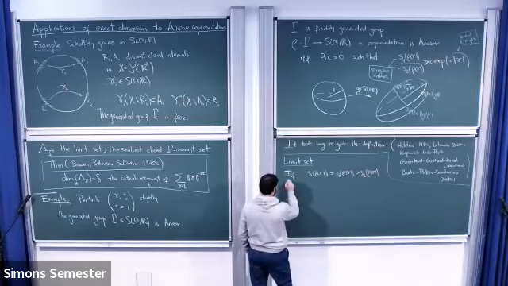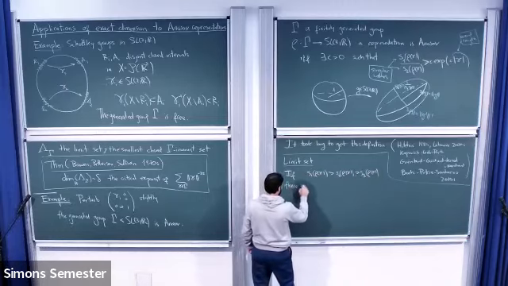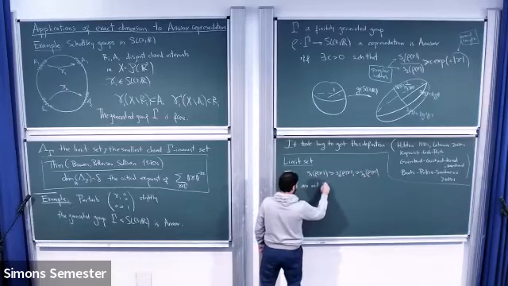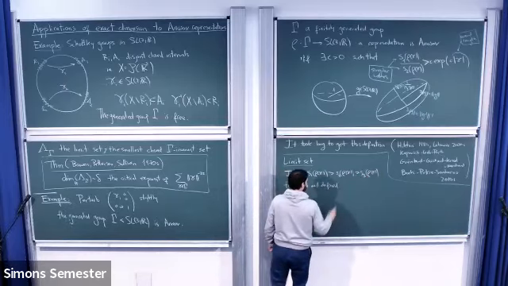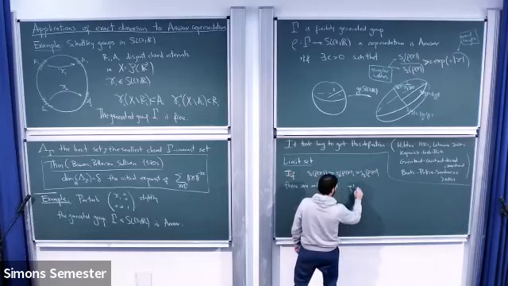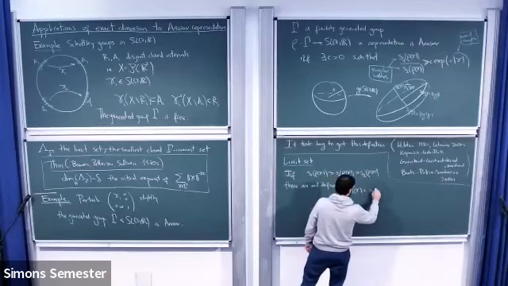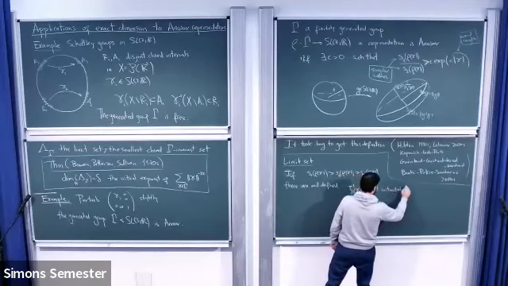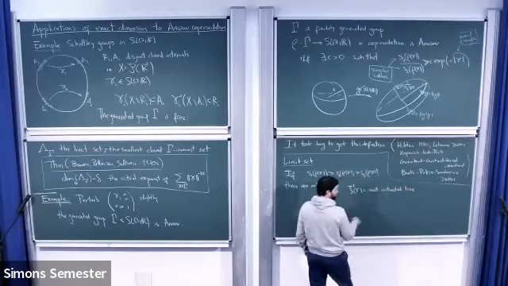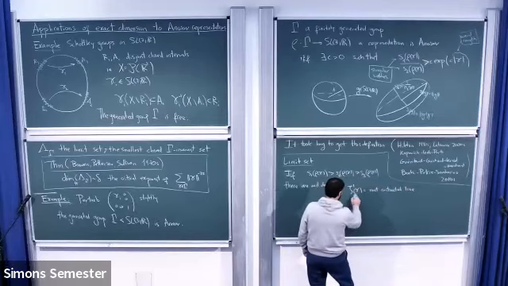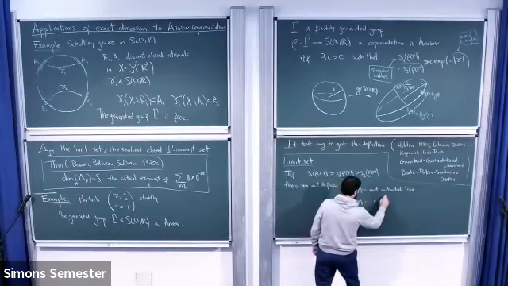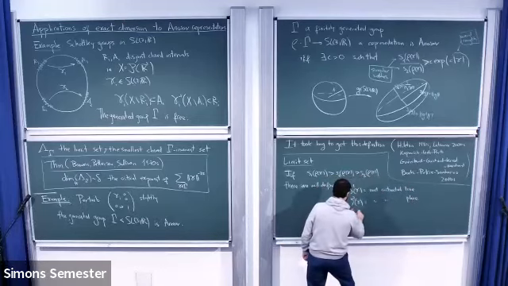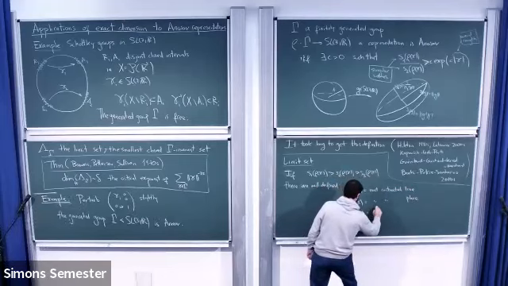there's a well-defined phi 1 gamma, the most contracted line in R^3, and phi 2 gamma, the most contracted plane.